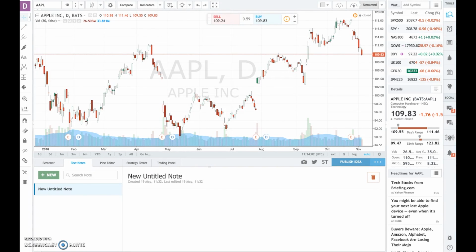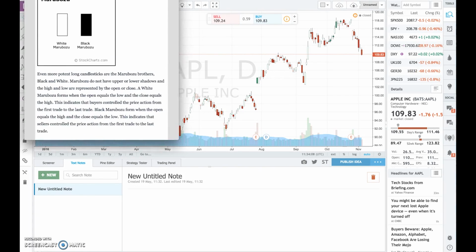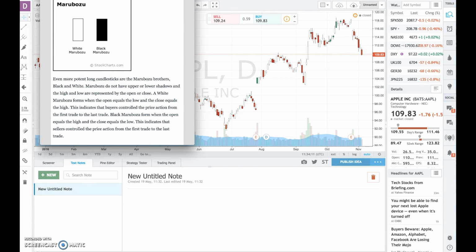Another useful aspect of the candlesticks is right here, what's known as the marubozu, which is a Japanese word, and this is essentially where there was no upper or lower shadow, so the entire day's trading was within the open and the close.